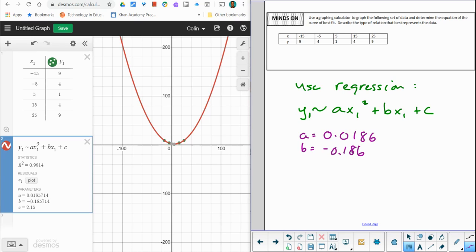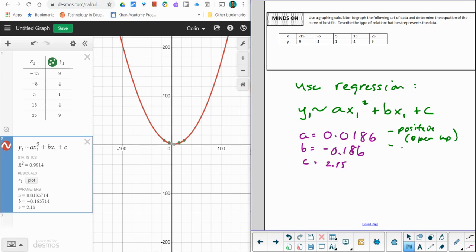That's interesting. And C is 2.15. So a few things to point out. The fact that A is positive means it opens up.